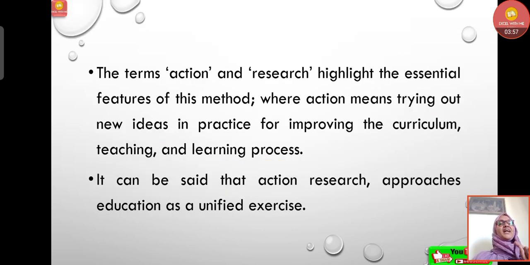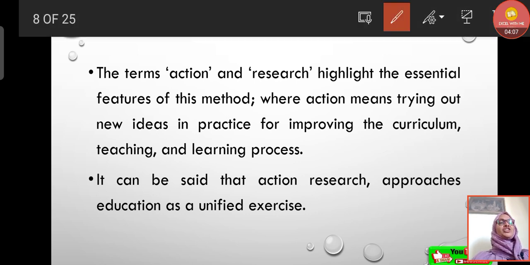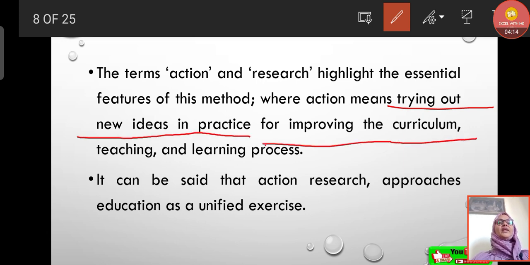The terms action and research highlight the essential features of this method, where action means trying out. We have to remember, action means trying out new ideas in practice for improving the curriculum, teaching and learning process.